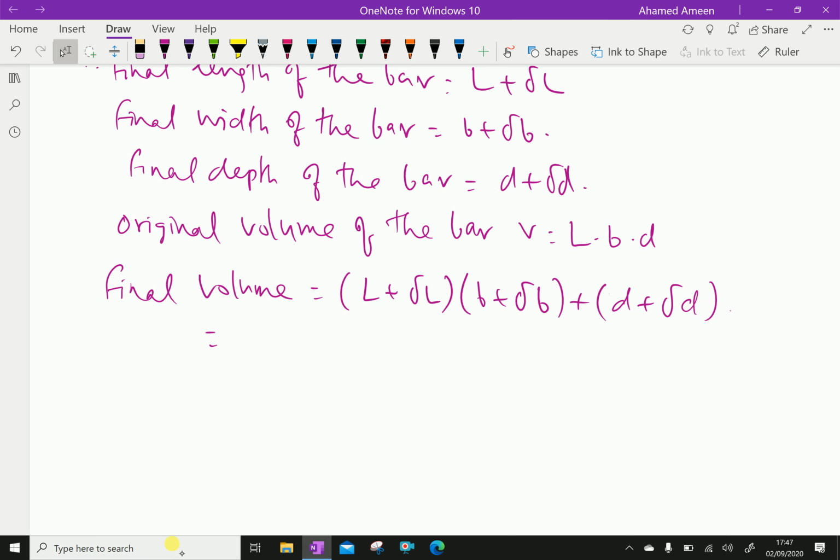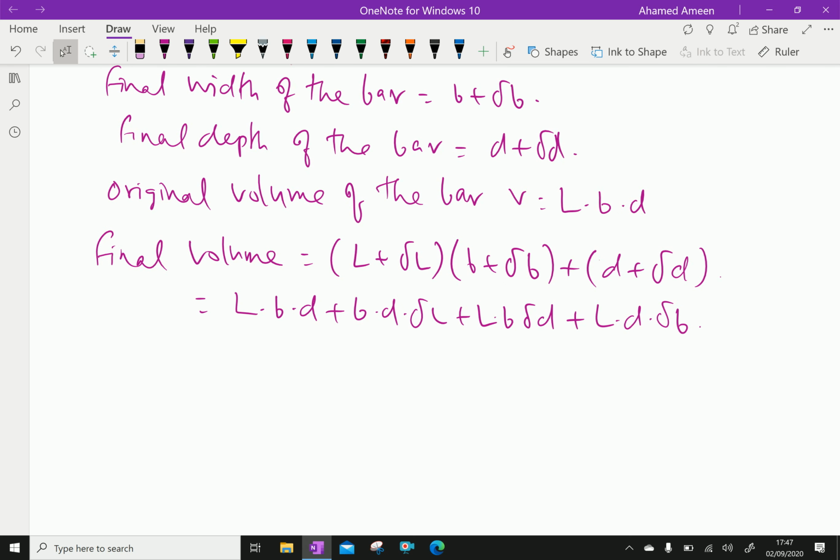Then this multiplication becomes L B D plus B D delta L plus L B delta D plus L D delta B, ignoring the products of small quantities.